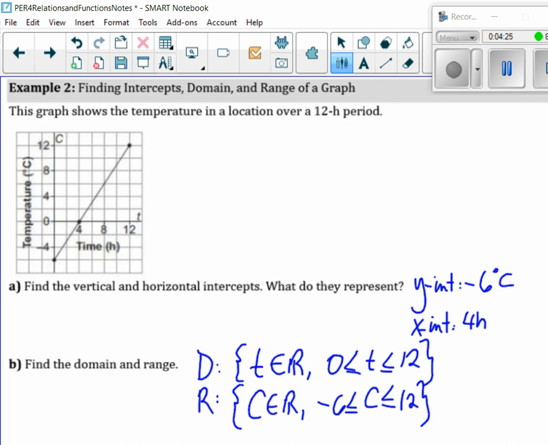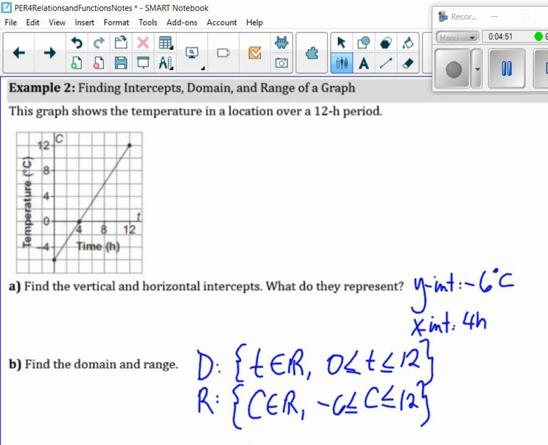Is my rate of change positive or negative? Positive. It's going up to the right. Does anybody know what the rate of change is? The fraction, right? 3 over 2.